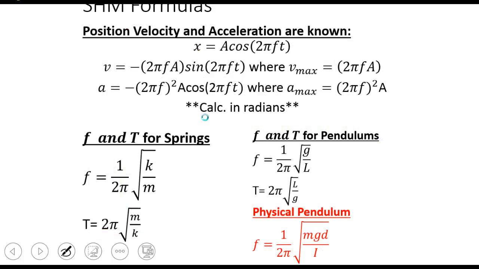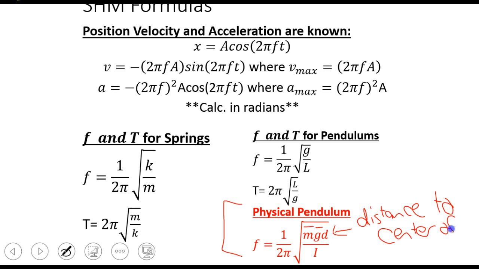In your simple harmonic motion formulas, you've got your physical pendulum frequencies down here. This is the mass of the pendulum, gravitational constant, usually Earth, right? And then D is the distance to the center of mass. And I, this is an old concept, but I is the moment of inertia.